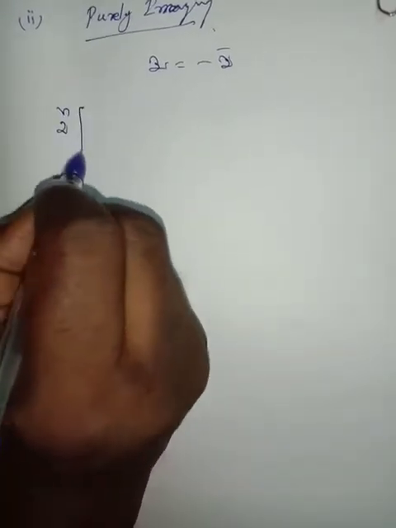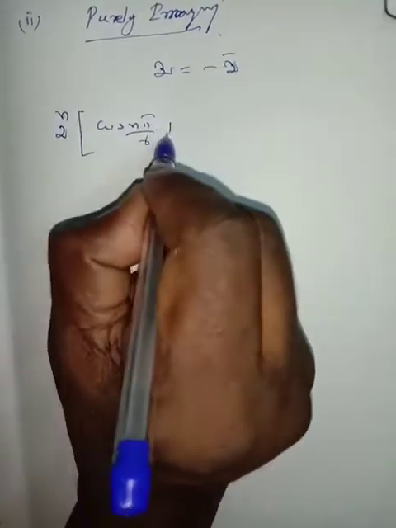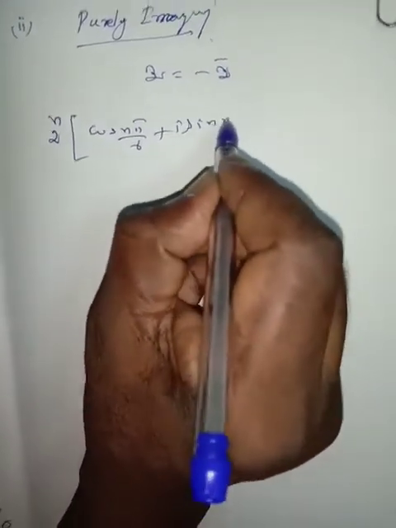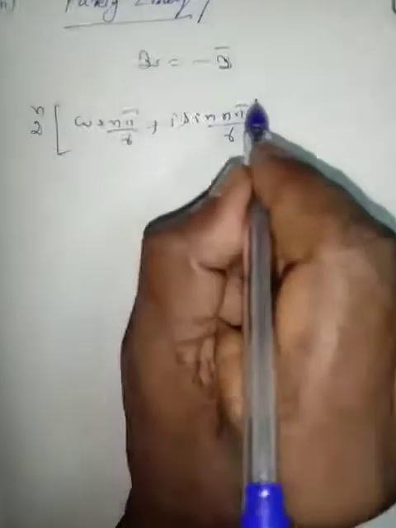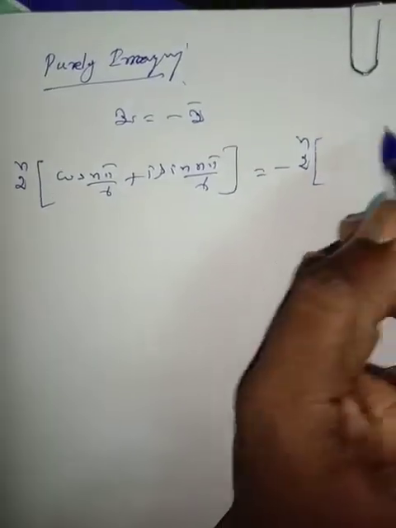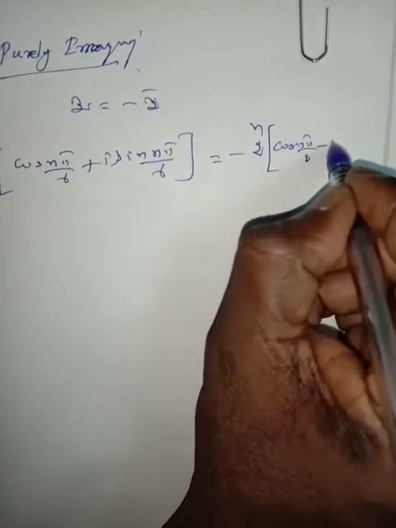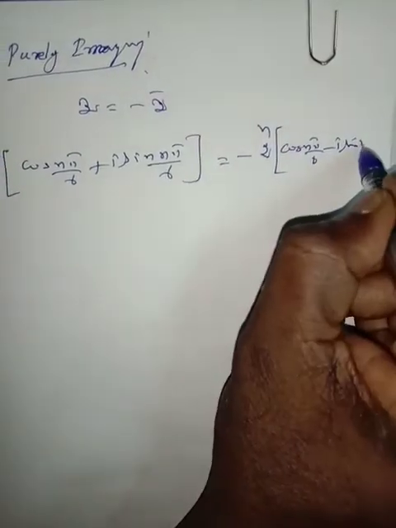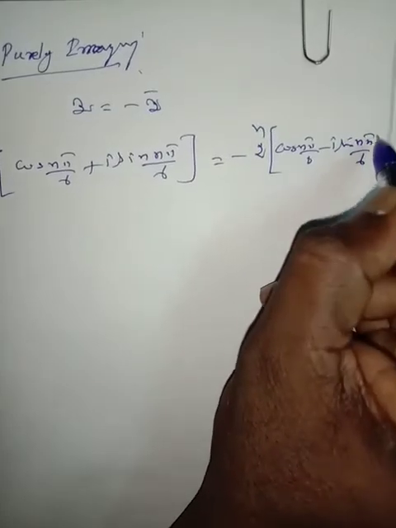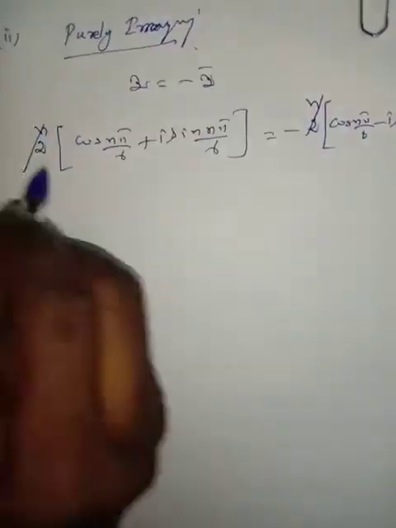So 2 to the power of n (cos n pi by 6 plus i sin n pi by 6) is equal to minus 2 to the power of n (cos n pi by 6 minus i sin n pi by 6). This and this are cancelled.